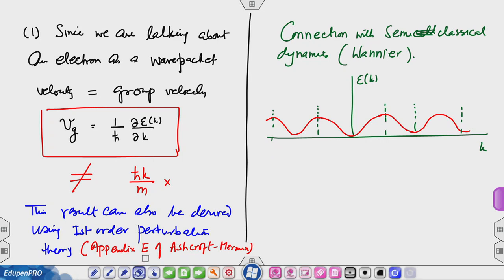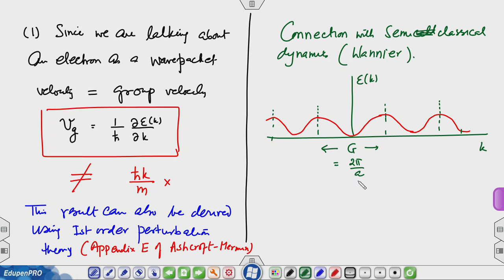This is periodic in k, so I should not be making it here. I should rather be making it here. So, this is G, which is 2 pi by a in the case of a lattice.